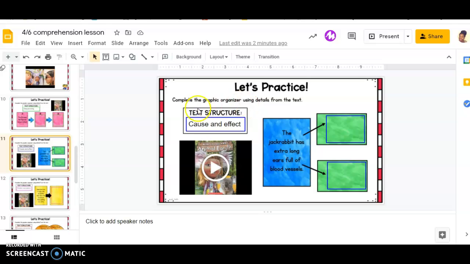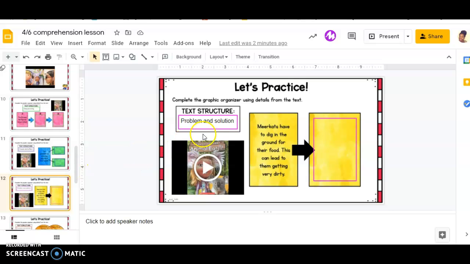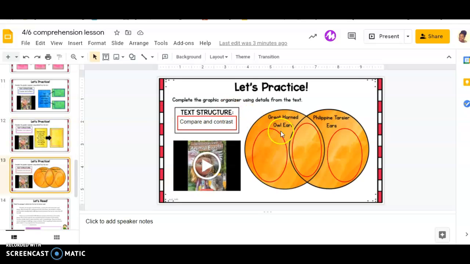On this slide, you're going to give the cause and effect. This slide, they gave you the problem. You're going to tell what the solution is from the read aloud. And here you're going to compare and contrast great horned owl ears and Philippine tarsier ears. Alrighty.